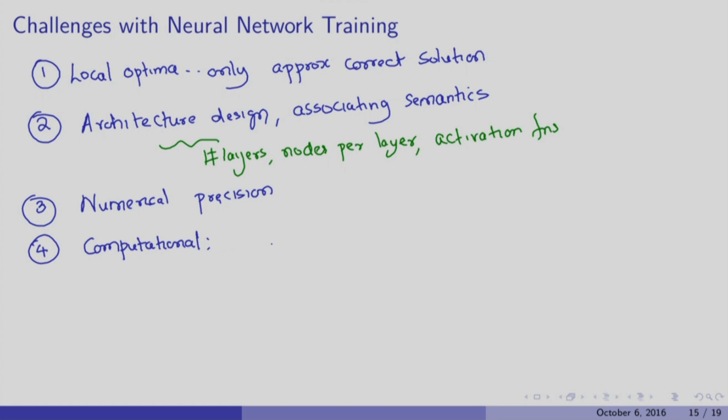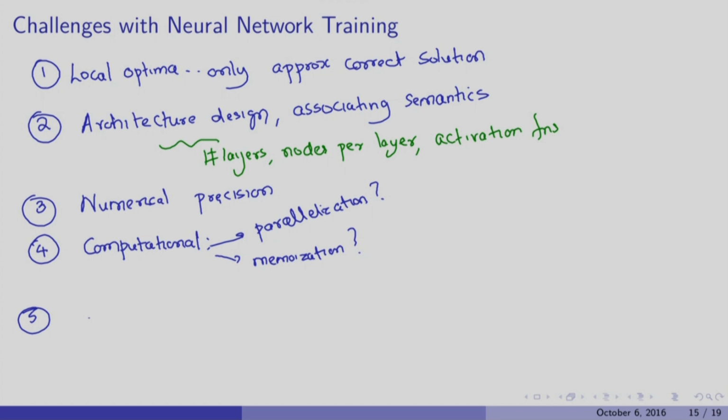Computation to be performed, how much of it can be parallelized, how much of it can leverage memoization or caching. Could some of the multiplications of weight vectors with sigmas be memoized across nodes or across layers?